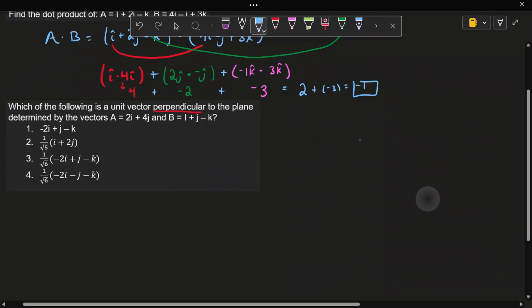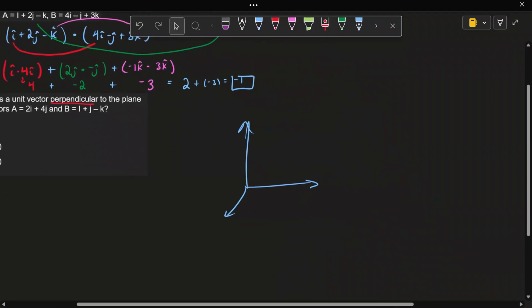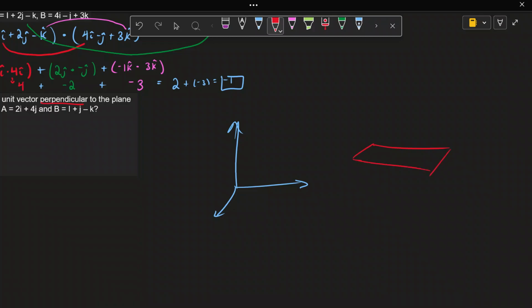In Calculus 3, of course, we're in 3D, and say you have some sort of plane like this, right? And it's saying perpendicular. Well, what is perpendicular to a plane? Perpendicular to a plane is a normal vector that is perpendicular to this plane.